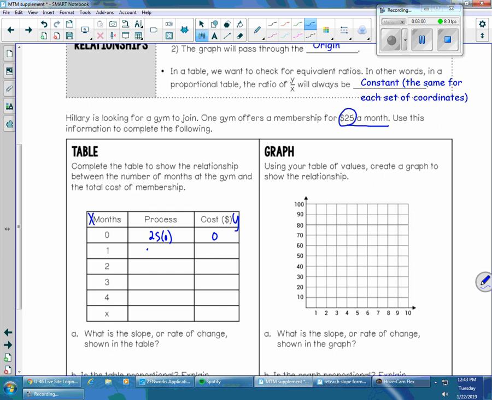If I've got 25 times 1 month, it's going to cost me $25, etc. So go ahead and pause the video, fill in the rest of the table using our x values and multiplying it by our $25.